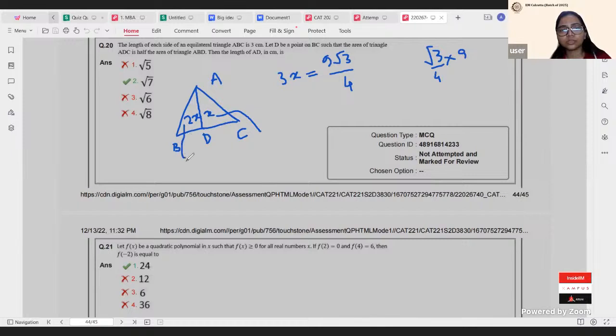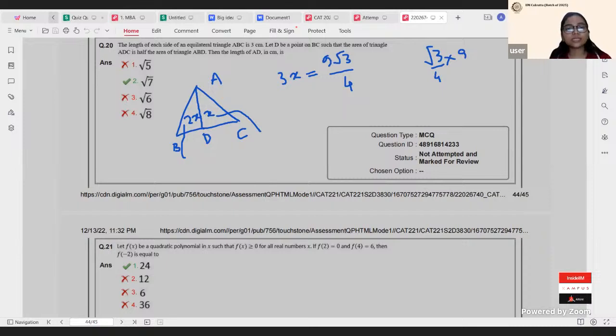In this triangle also. Then the length of AD in centimeters: there are many ways. The first way in which we can do this is, from the value of the areas that have already been provided, we back calculate by putting in the value of the area of the triangle, using the formula of area of a triangle having sides ABC.